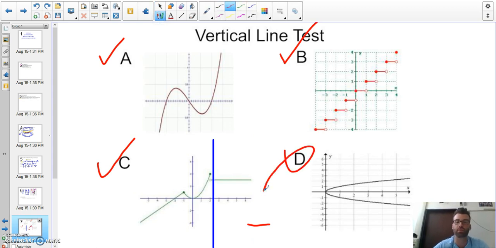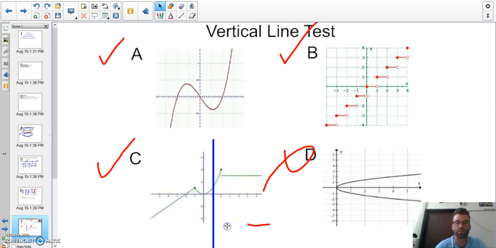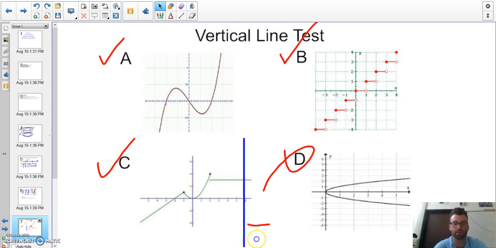Now, the vertical line test only has to fail once for something not to be considered a function. I realize that in this particular picture it hits everywhere, but it only has to happen once.